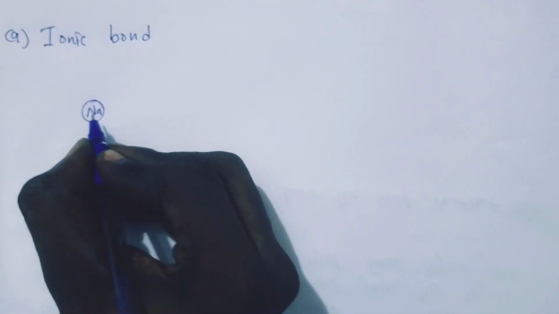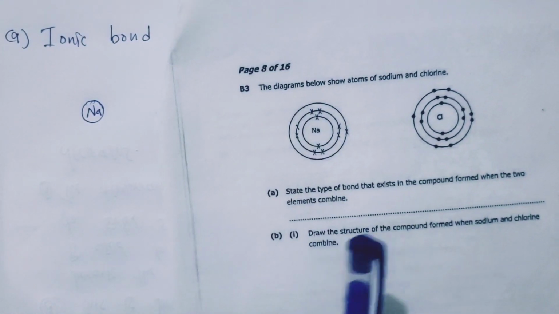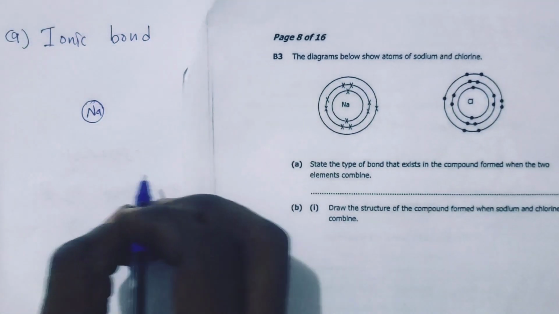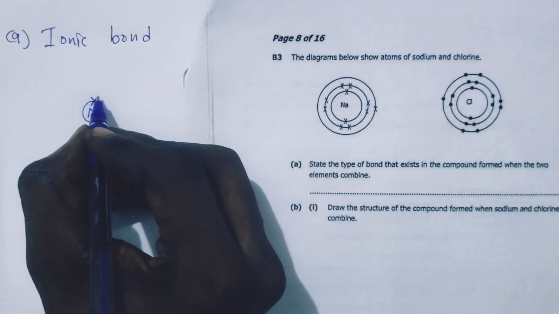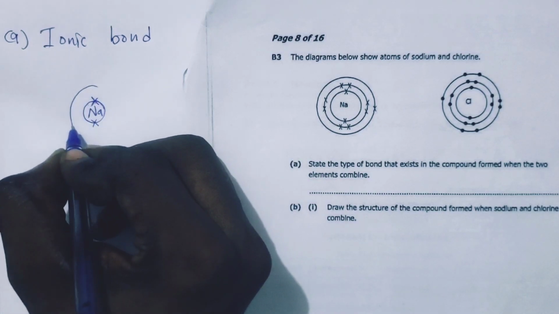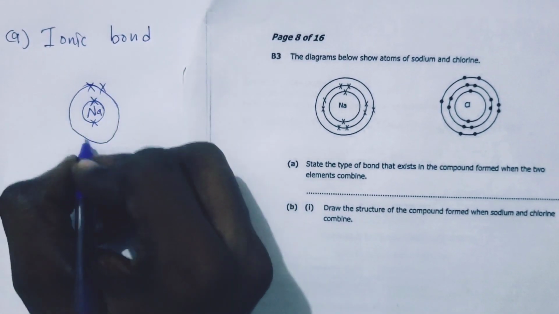So you're going to draw the sodium, Na, just the way it is. In the first shell we have 2 electrons. Then in the second shell we have 8.